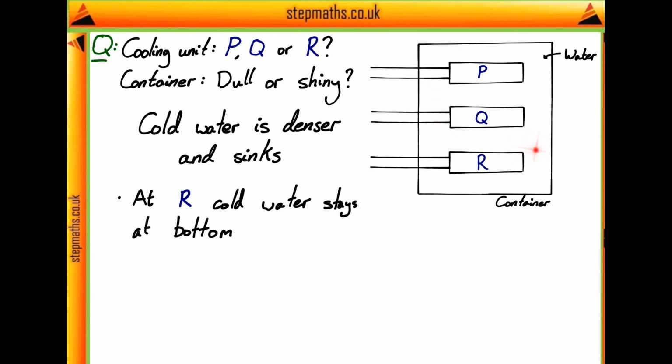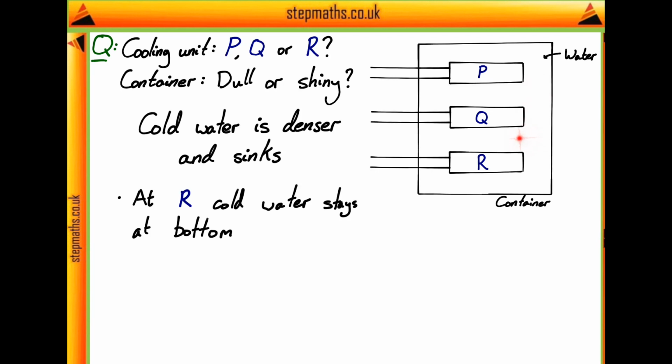The water around R will just have to get colder and colder, which should essentially take the heat away from the warmer water up above. But it's not going to be the most efficient way of getting the container down to 5 degrees C. It'll get some bits colder than others.